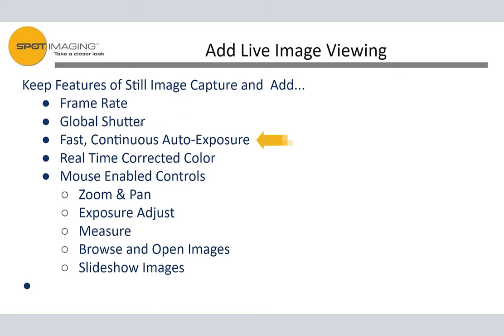The next thing is a fast and continuous auto exposure. So what you would like is that when you change objectives, you're not having to wait around multiple seconds for the exposure to catch up. You want something that's going to change its exposure nearly as fast as you have changed the objective.